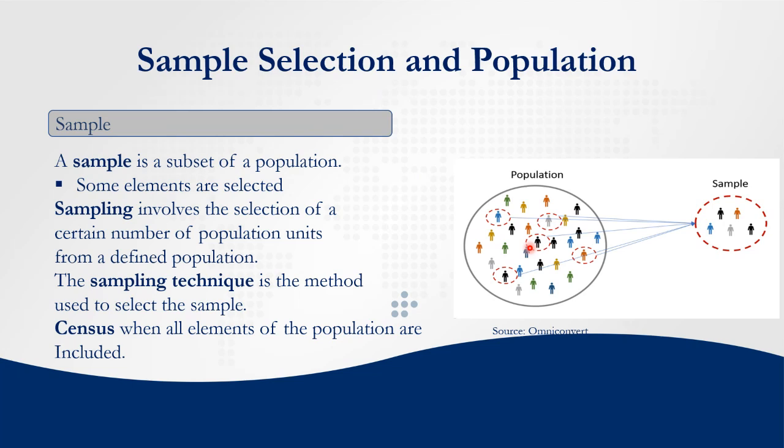So everything is guided by what you actually want to measure. And in some cases, the population is very small, such that the sample is not necessary. So you will just do a census study.